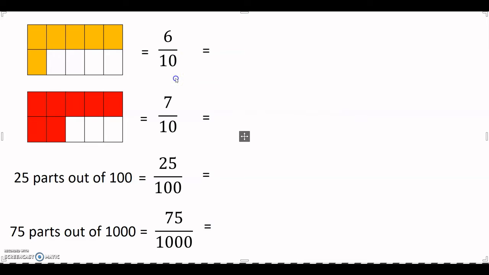Here, 6 over 10, we can rewrite it as a decimal number, 0.6, because 10 has only one zero. So we move the decimal point one place to the left. So that's why we have 0.6, or 6 tenths.